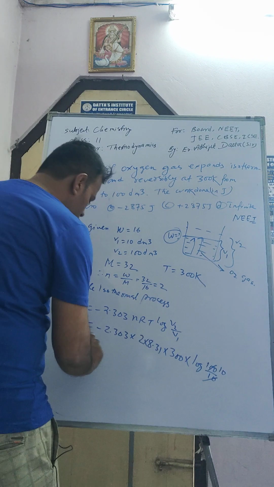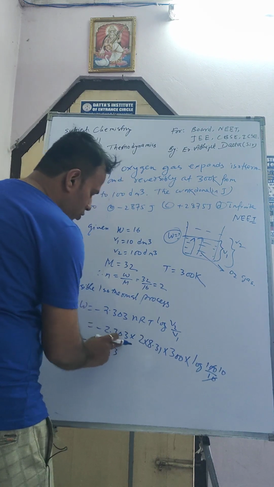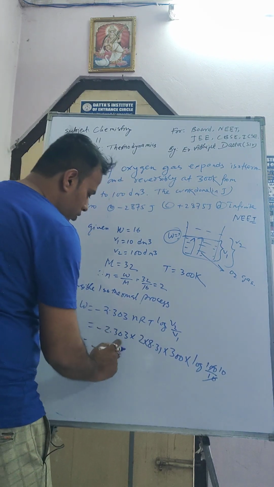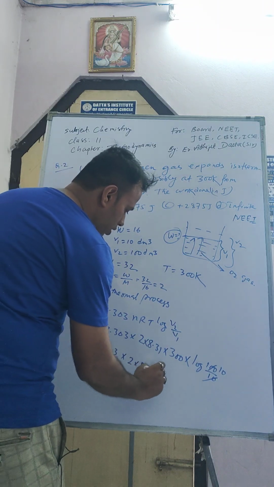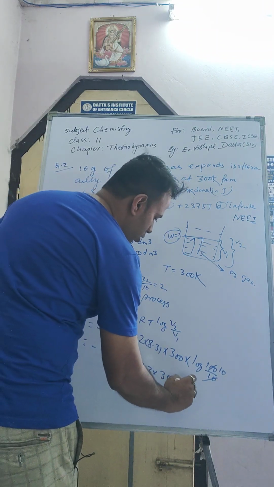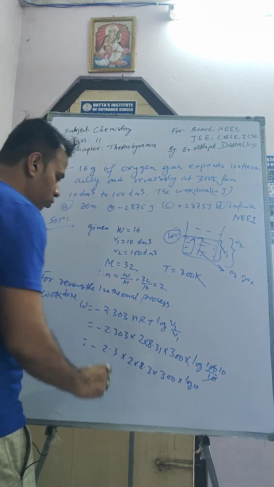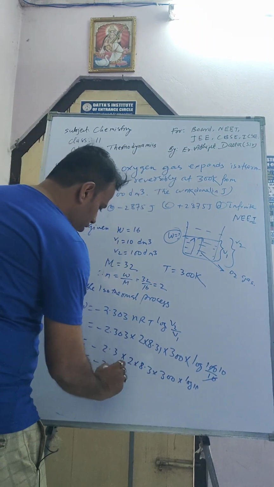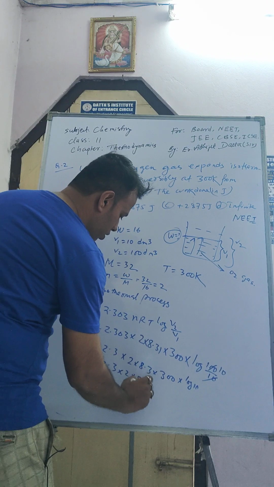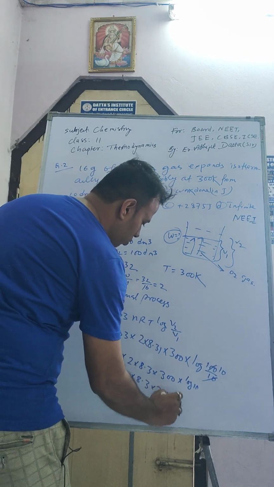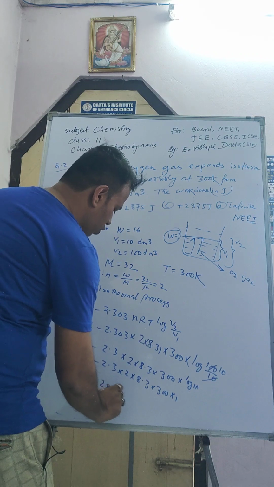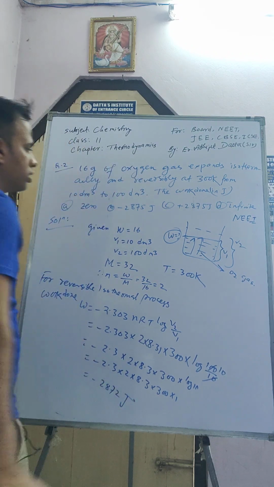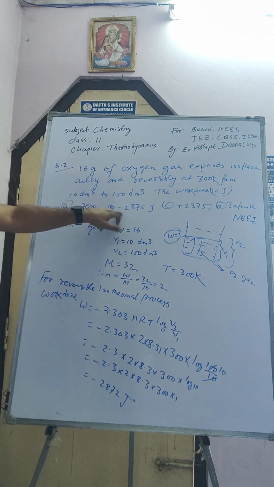Log 10 is 1. So 2.3 into 8.3 into 300 into 1. If you multiply, it comes to almost 2872 joule. That is near about this one.